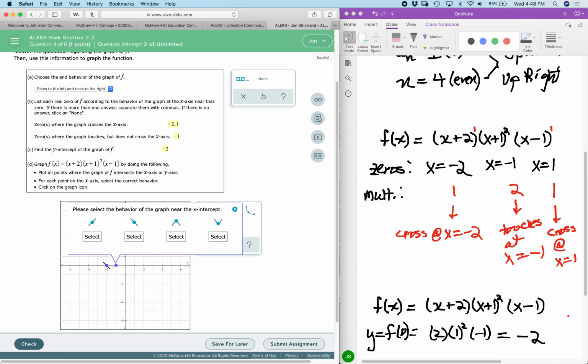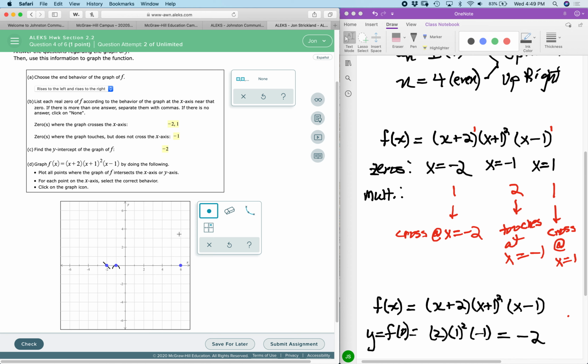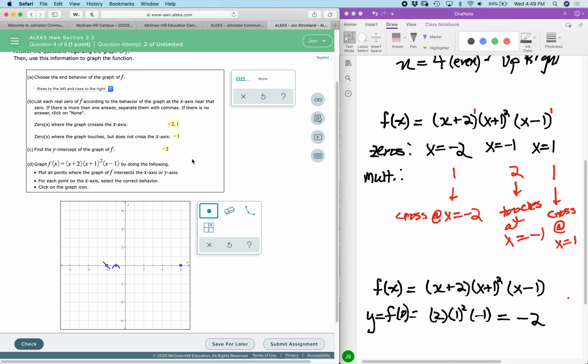So starting below, then you have touching, and back down below. Now we have our next x point, x equal to 1. But before we get to that, we have our y-intercept at y equal to -2.